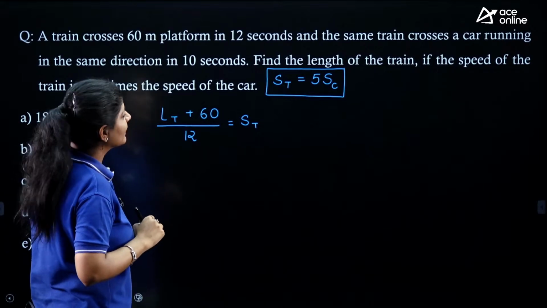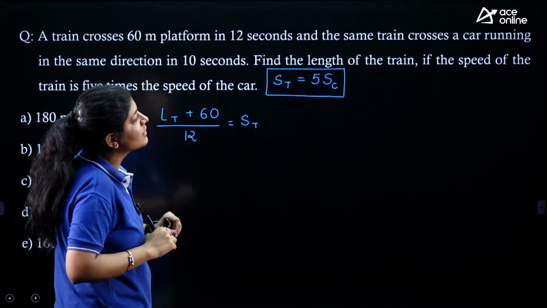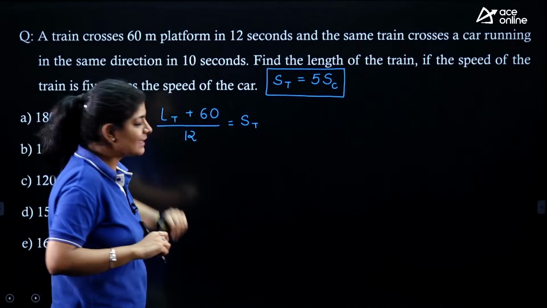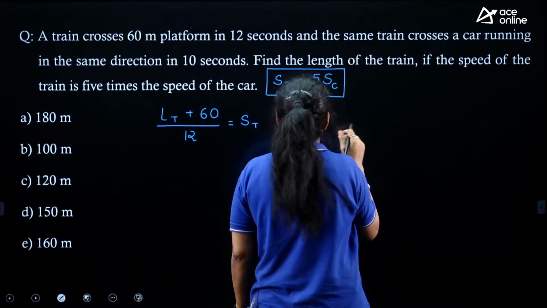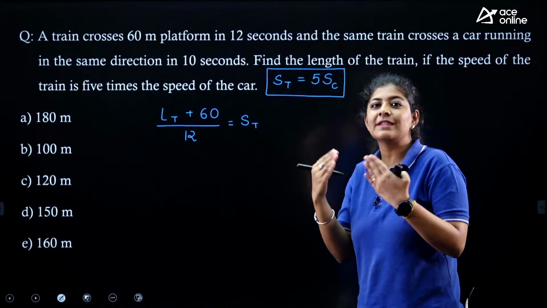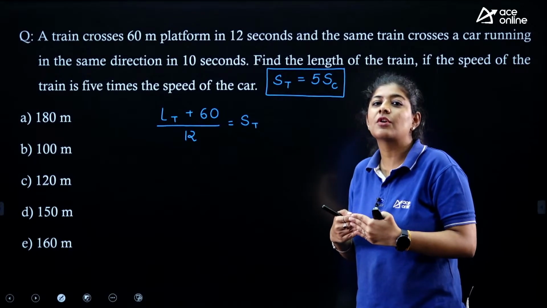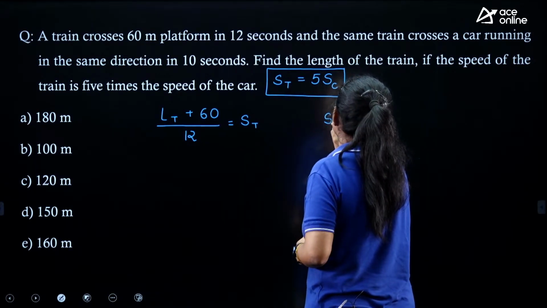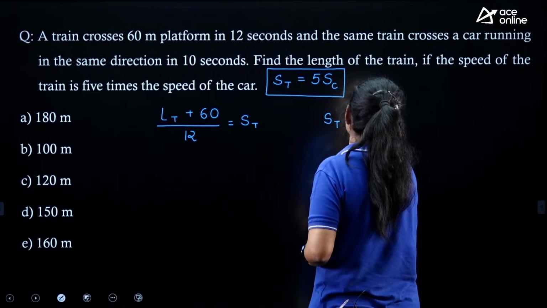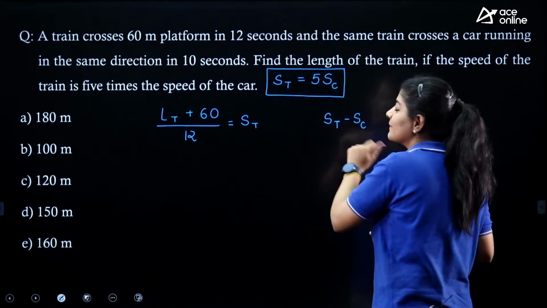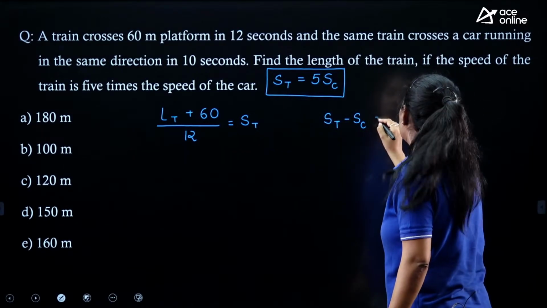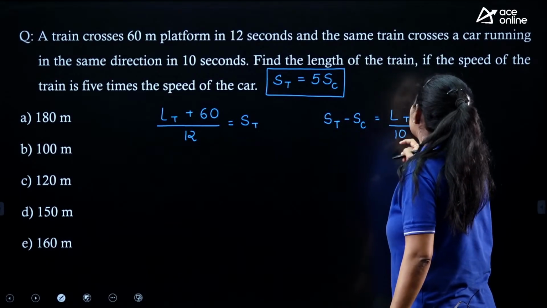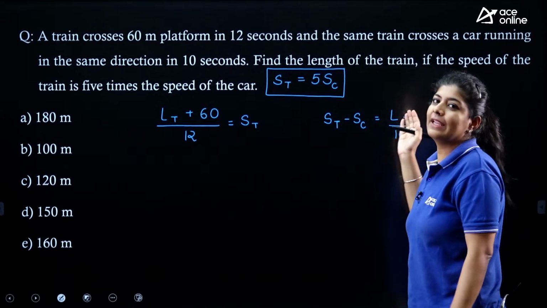Now the question is saying that the same train crosses a car in the same direction in 10 seconds. That means as both the things are moving in the same direction, I need to use the concept of relative speed, right? So I can write ST minus SC. This is my relative speed. Now the length of the train divided by 10. This time why am I not taking the length of the car?